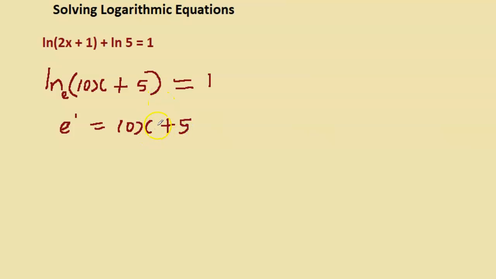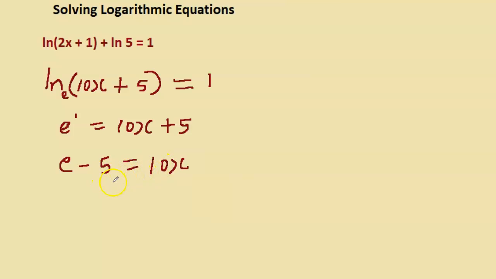Now, of course, you can always use your calculator to find the value of e to the power of 1. But we now just leave it as e, in the exponential form there. So we are solving for x, so we subtract 5 from both sides. So it's e minus 5 equal to 10x.